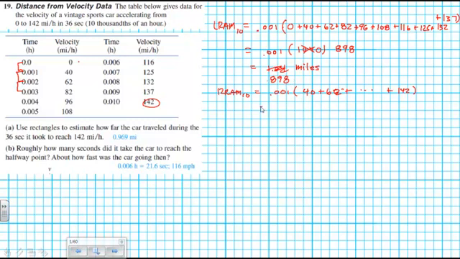If I do this one, this is the one that is 1040 and is a distance of 1.04. So this one is a little bit low because it includes the 0 and not the 142. This one is a little bit high because it doesn't include the 0 but includes the 142.